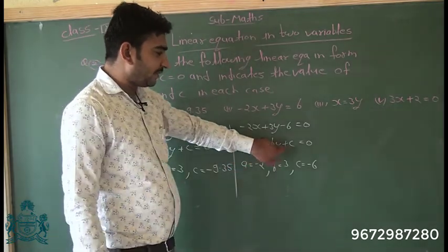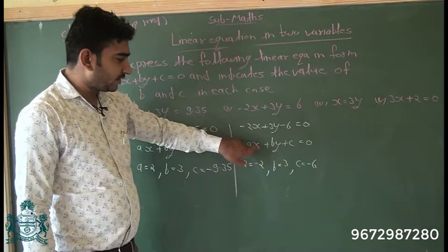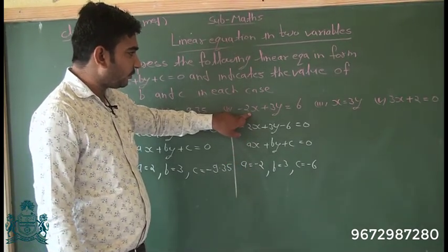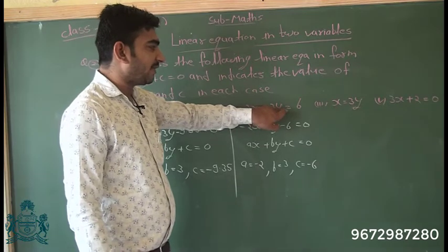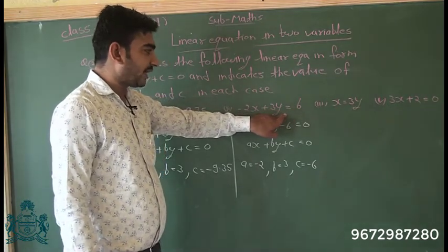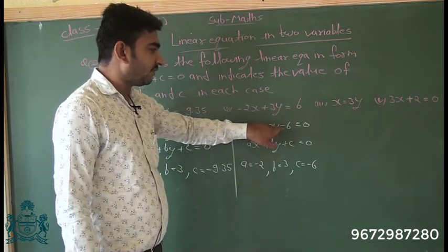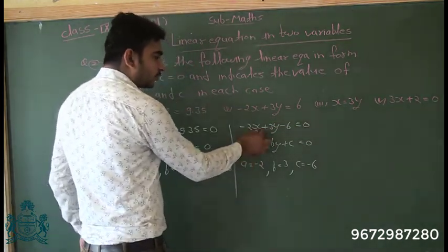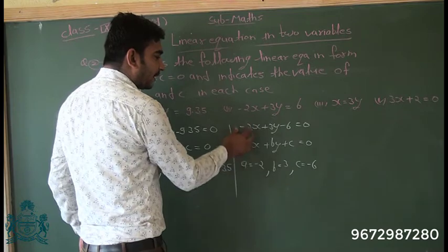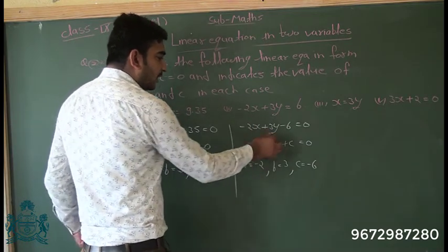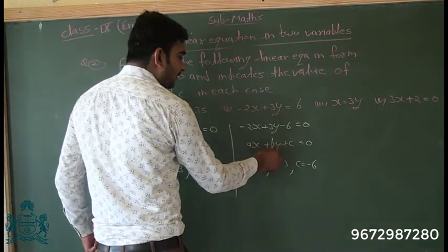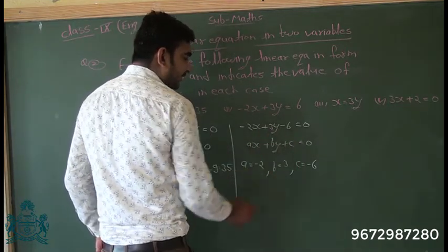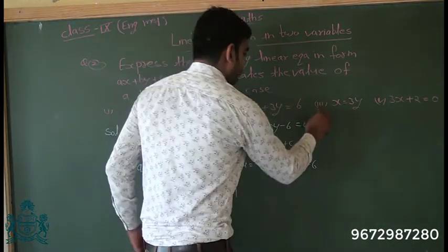The given equation minus 2x plus 3y equal to 6 transfers to minus 2x plus 3y minus 6 equal to 0. The coefficient of x is a, which is minus 2, so a equal to minus 2. The coefficient of y is b, so b equal to 3. C is the constant number, minus 6.